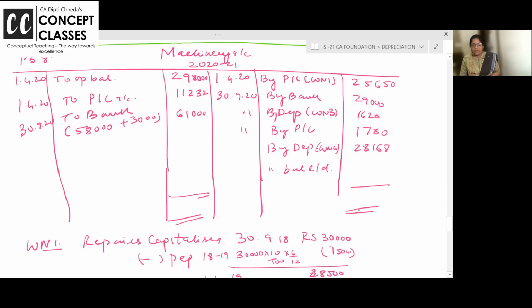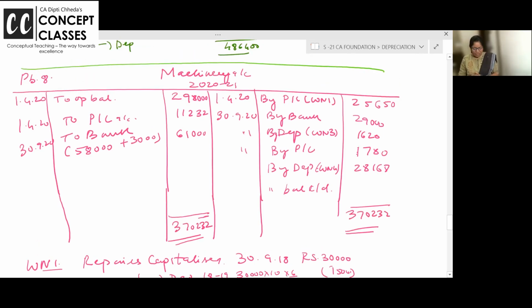How much are you all getting as the total of the debit side? Tell me. 298 plus 11,232 plus 61,000. 370,232. Now from that, minus all this. 284,014.